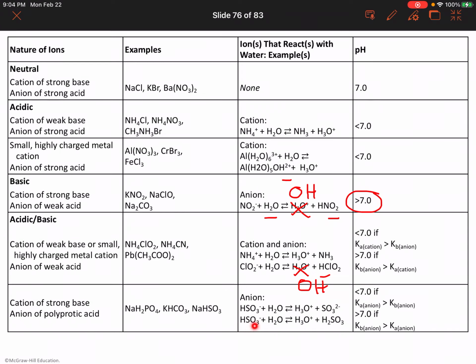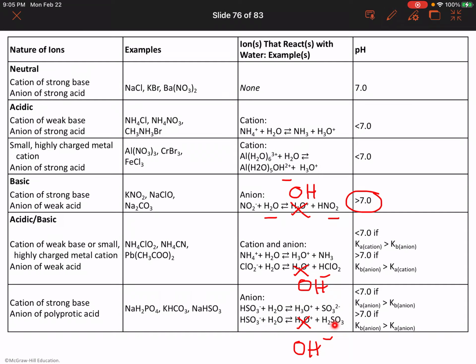And also the anion can act as a base by taking a proton from water. So then HSO3 minus takes a proton and becomes H2SO3, sulfurous acid, and this is not going to be H3O plus. Again, that's a typo. It also needs to be hydroxide ion. Okay, it makes sense, right? If you have HSO3 minus and you are going to make H2SO3, it means one of the hydrogens from water will be lost to protonate this molecule.